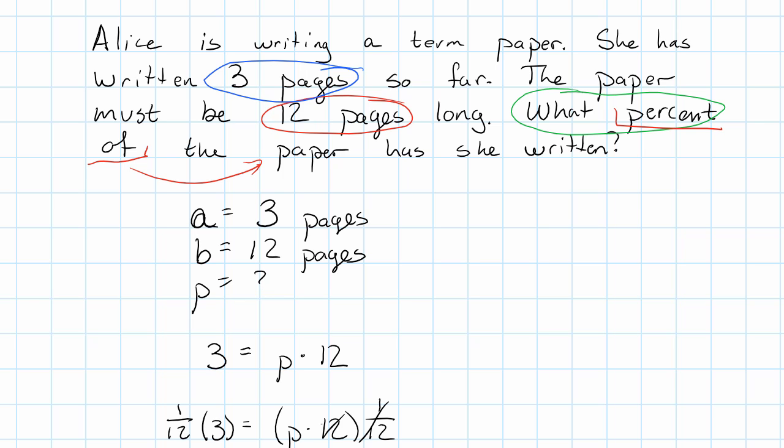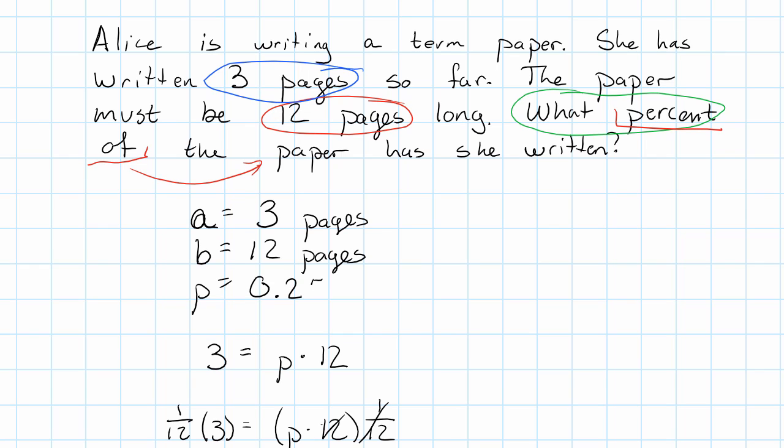We've got P equals 0.25. But we want to express that as a percent. So we need to multiply by 100. 0.25 times 100 is 25. We get 25%.